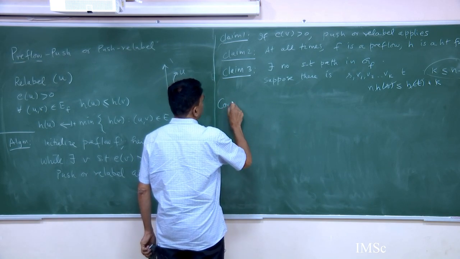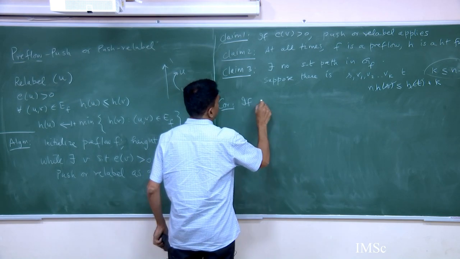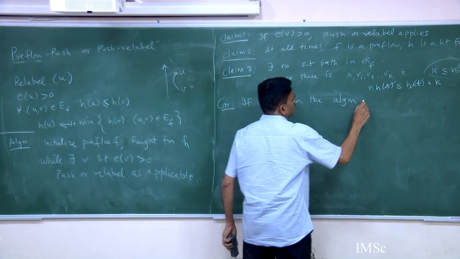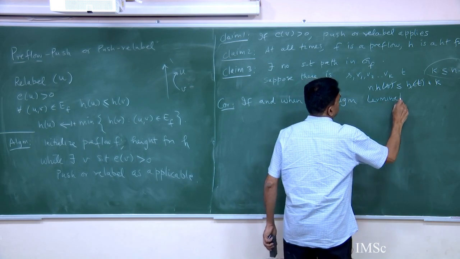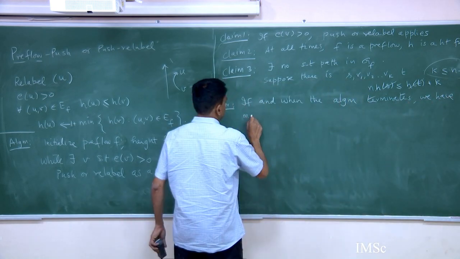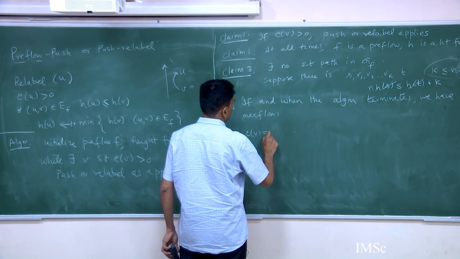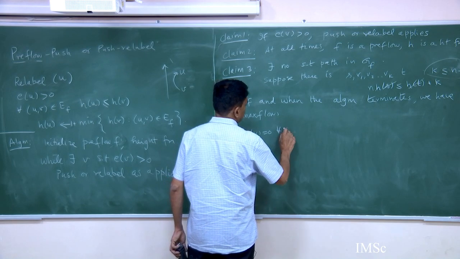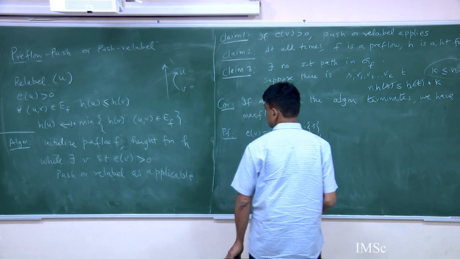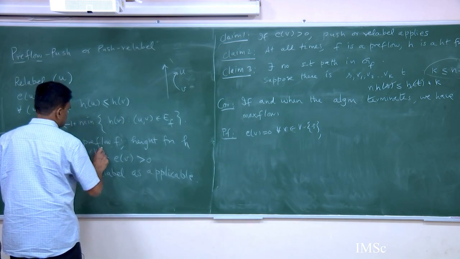So the corollary is that if and when the algorithm terminates, the proof is that E of v equals 0 for all v in V minus s.